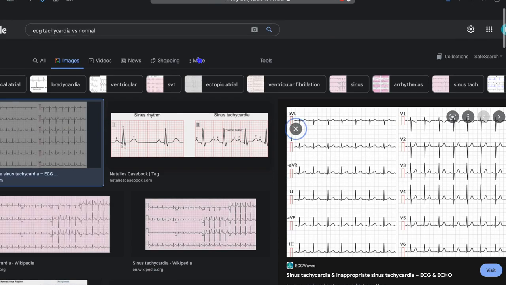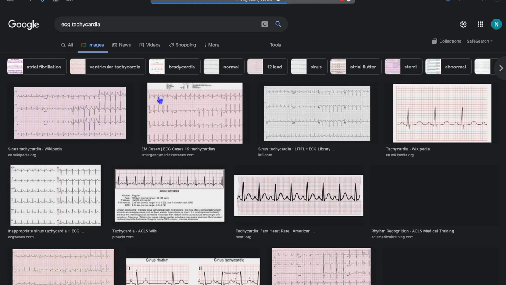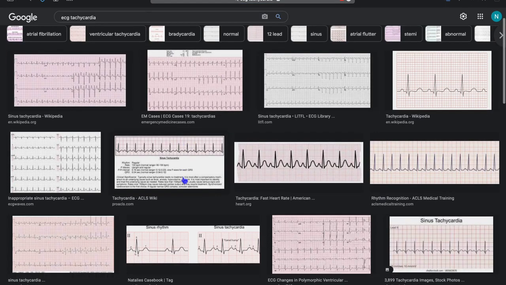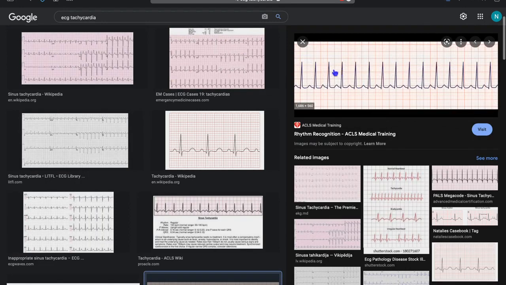So now we can see if there's a tachycardia ECG. So this is 2 boxes. 2 boxes is 150, right? You just count the number of boxes. So 2 boxes 150. 1 box is 300.